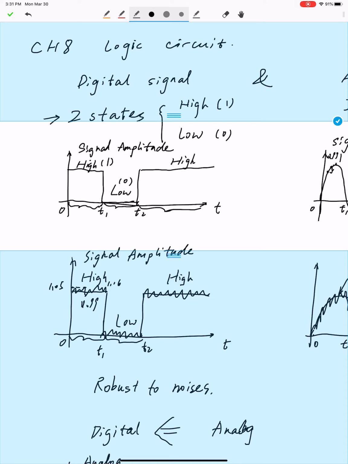So from 0 to T1, as you can see, the signal amplitude is high, and from T1 to T2, the signal amplitude is low, or I use 0 to represent. From T2 to positive infinity, the signal goes back to high. So that's a plot of a digital signal.